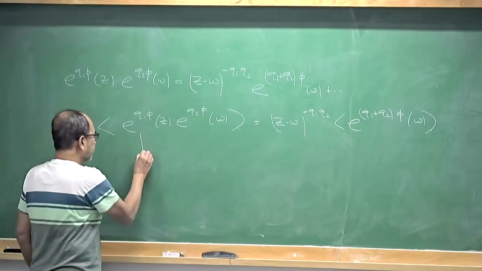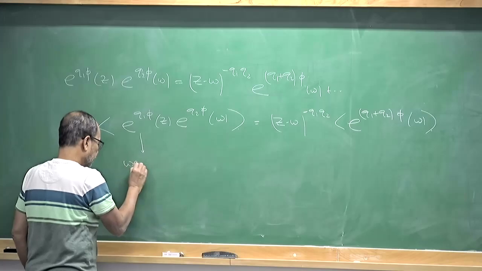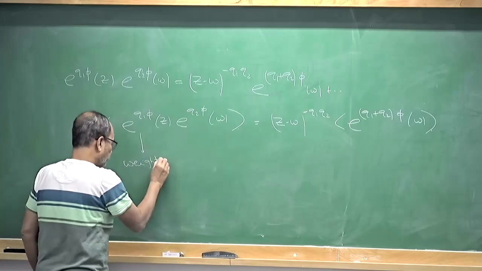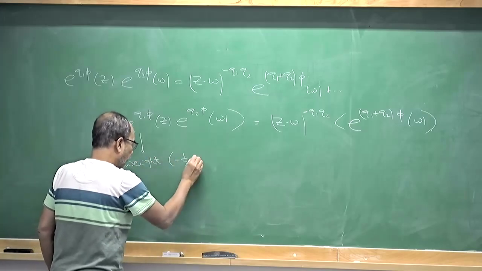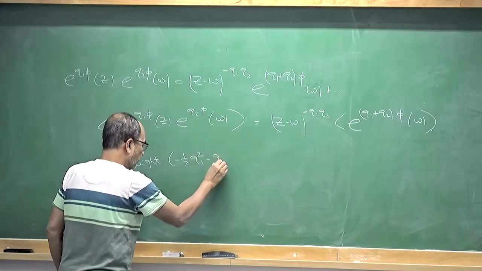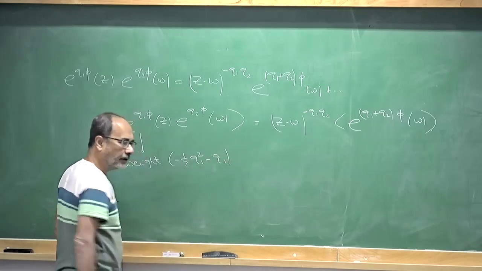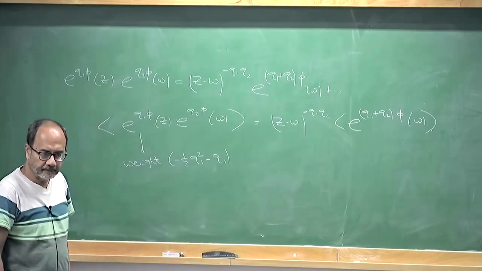But let's recall that this one has weight minus half q1 squared minus q1. This is a formula we had found last time.